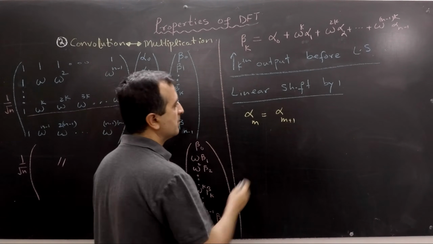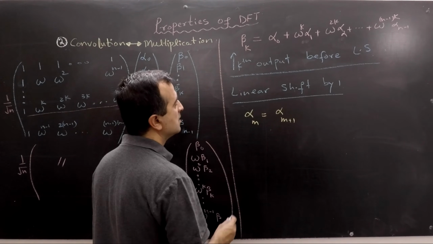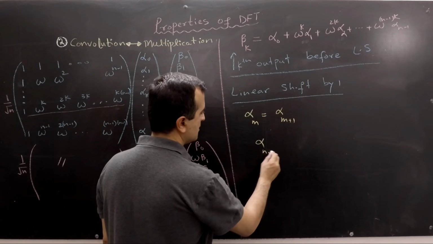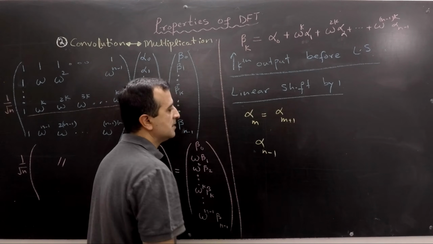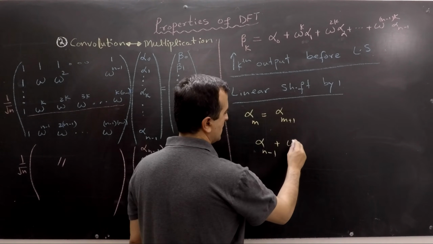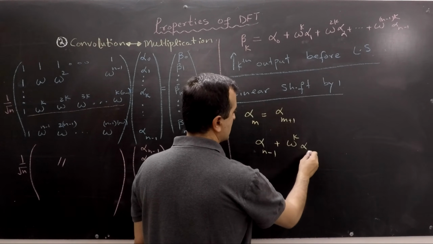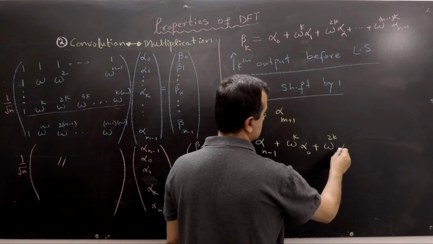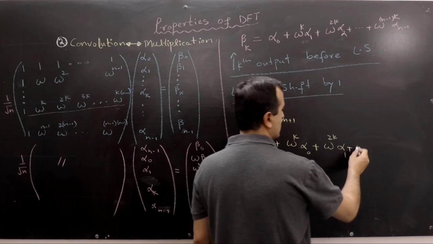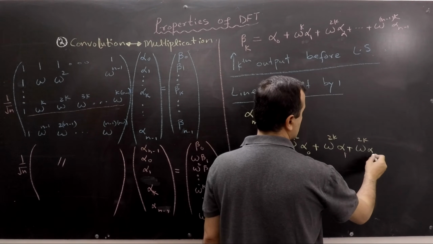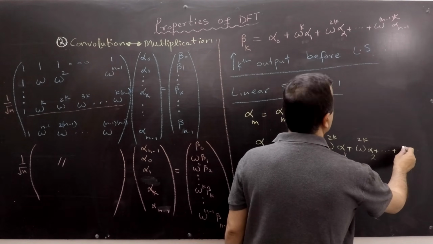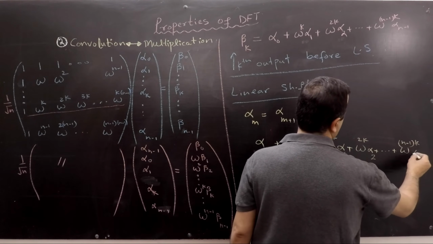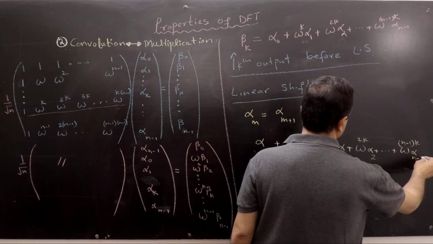So after linear shift by 1, my kth output will be equal to, here I have alpha n minus 1, because it is circular, so the last element will become the first element, and then I have omega k, and here I have alpha 0, and then I will have omega 2k times alpha 1, then I have omega 3k times alpha 2, and the last entry will be omega n minus 1 k times alpha n minus 2.